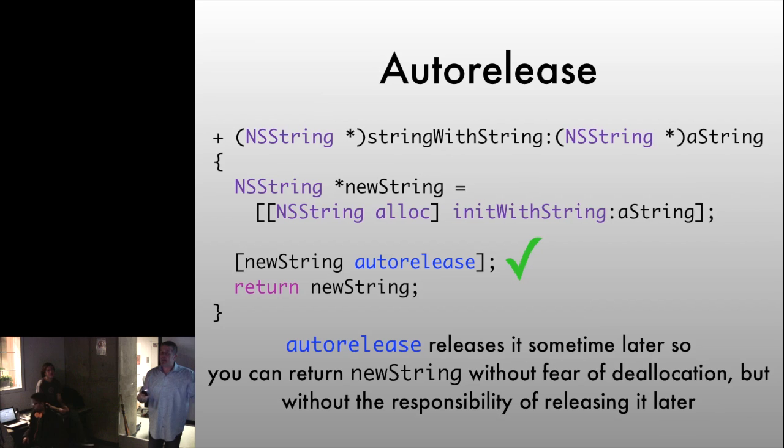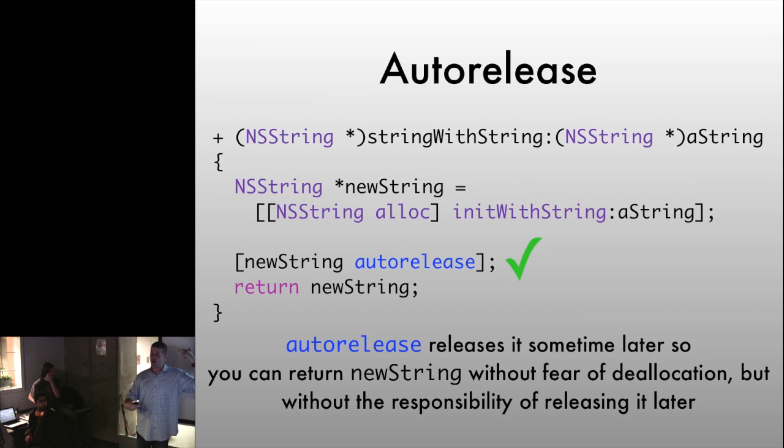You can return it, and it's not going to have been deallocated like you had just called a release on it, but it will be released sometime later. If the caller needs to use it and wants it to hang around, what does the caller do? Retain. Retains it. The reference count goes to 1, uses it.